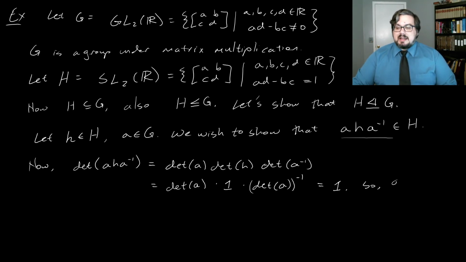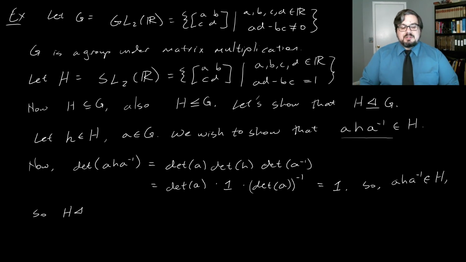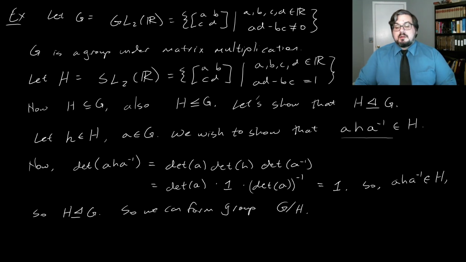So that means that AHA inverse belongs to H. So that means that H is a normal subgroup of G. All right, that means that we can form the group G mod H. So then what does it mean for two cosets of this subgroup H to be equal?